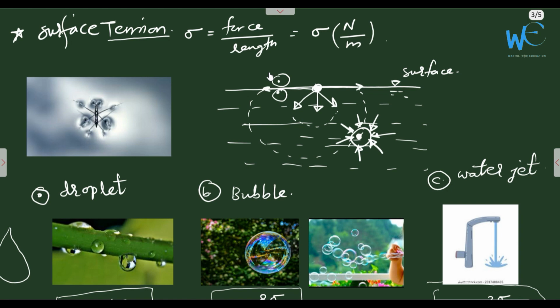Due to this, adhesion dominates over cohesion, and that's why all molecules on the surface get stretched, and you can see a depressed part surrounding the floating ant.